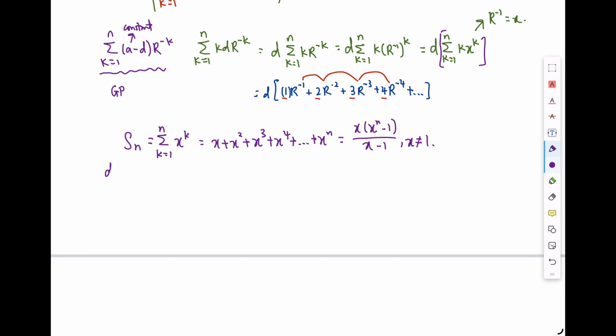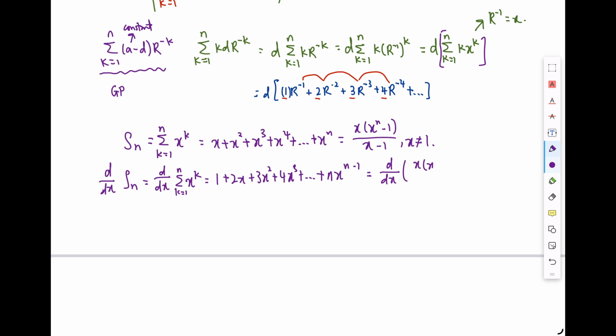if I were to look carefully at this sequence and I differentiate it with respect to x, so when I differentiate x, it becomes 1, 2x, 3x squared, 4x cubed, and x power n minus 1 equals the differentiation of this thing.